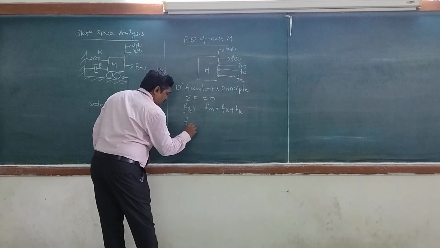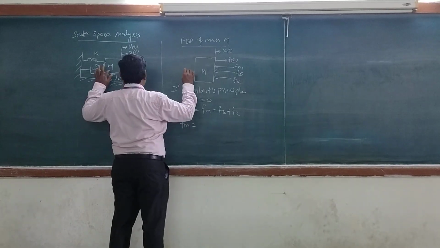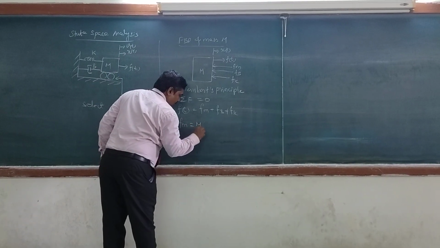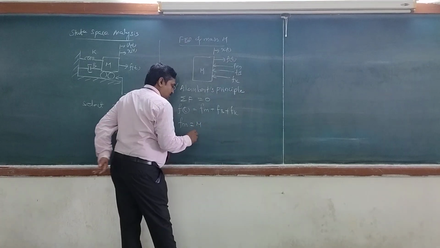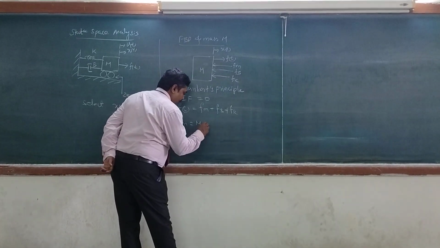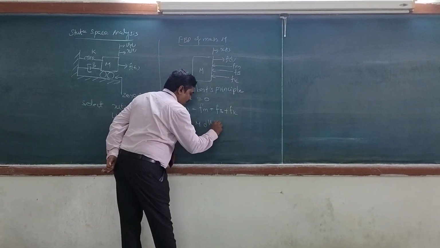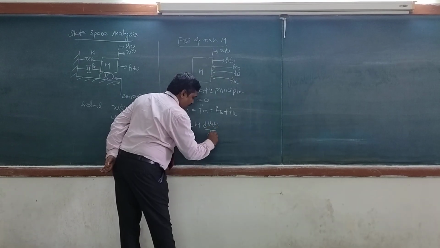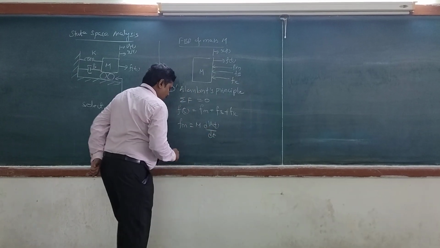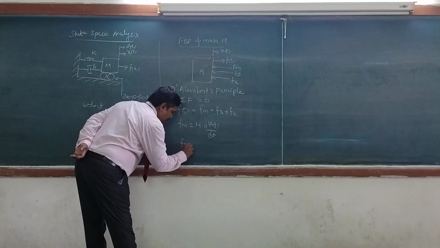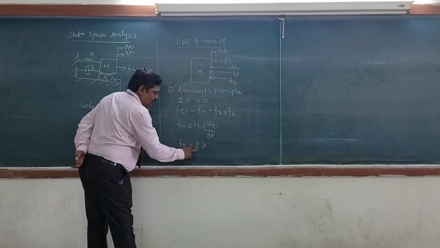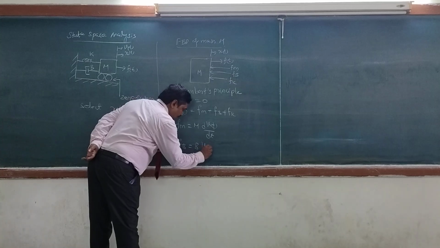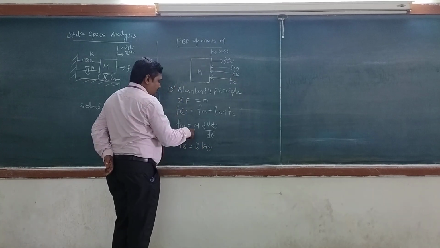So what are the opposing forces? The opposing force offered by the mass is force equal to mass into acceleration, so acceleration in terms of velocity, dv of t by dt. Similarly, the opposing force offered by the dashpot, where b is the viscous friction coefficient, into velocity, where m is the mass.